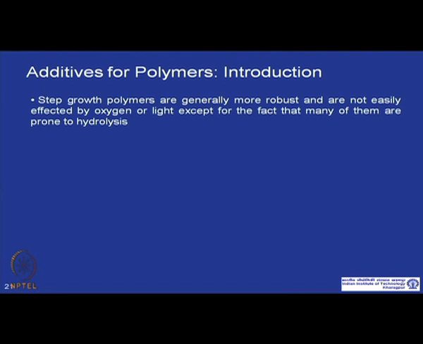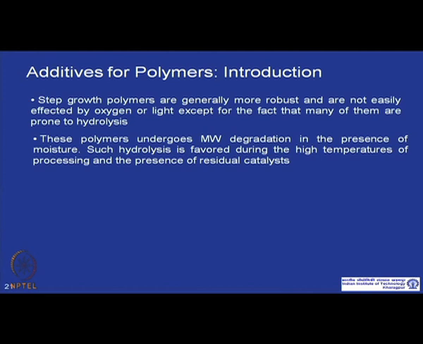These groups typically hydrolyze very easily, especially in the presence of metal impurities, acids and bases. So, these polymers undergo molecular degradation in the presence of moisture, and such hydrolysis is favored during high temperature processing and is accelerated by the presence of residual catalyst.